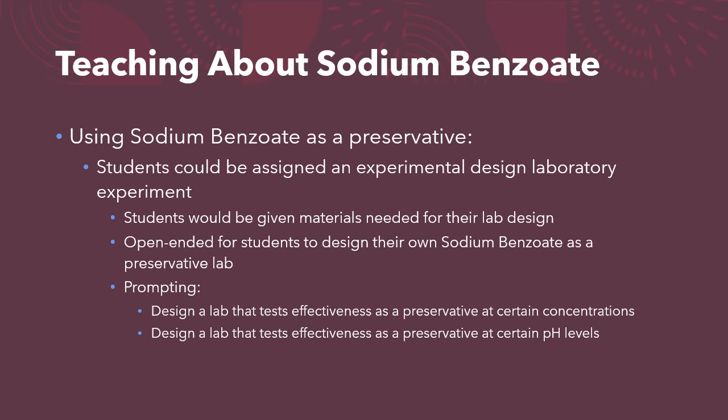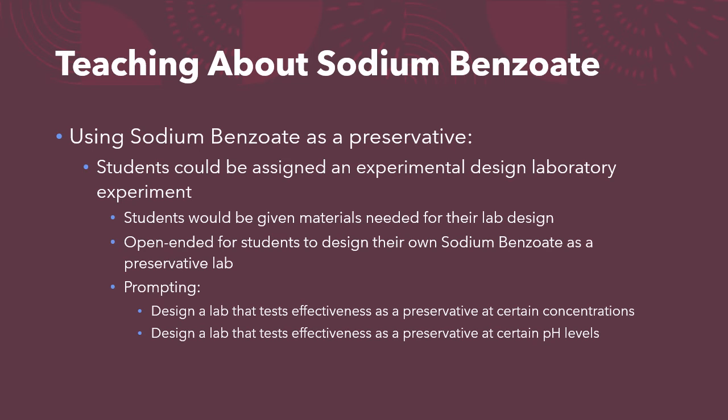But in addition, I would give them an open-ended experimental design lab activity where they could test the effectiveness of sodium benzoate as a preservative. I could give them some prompts along the way. However, this would very much be experimental design where they would have to come up with and test whatever properties they wanted.